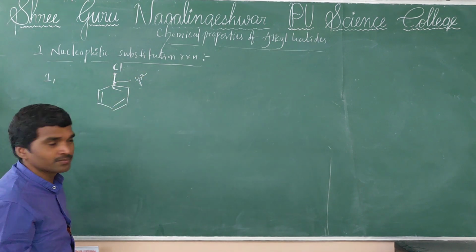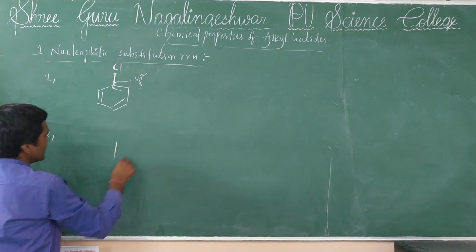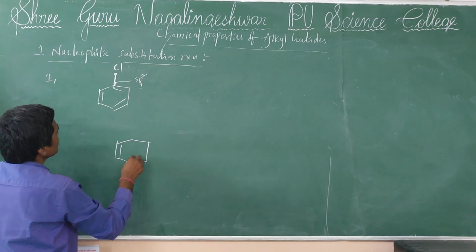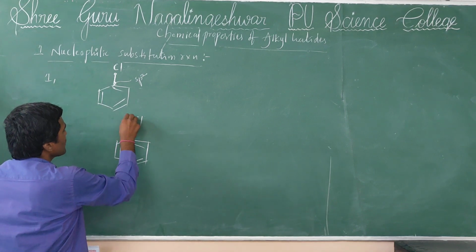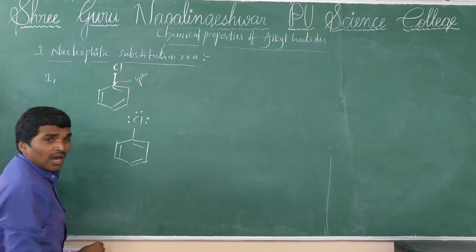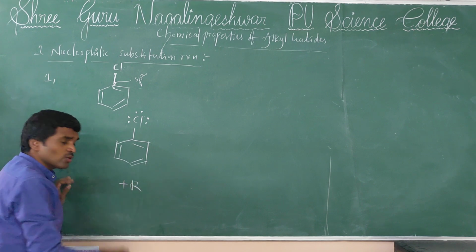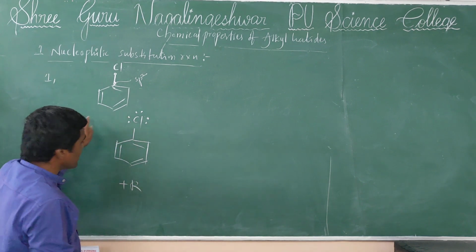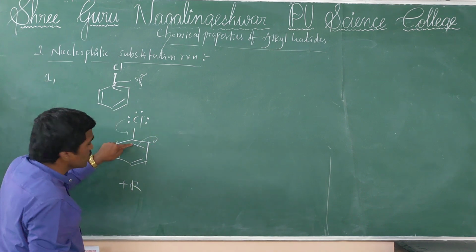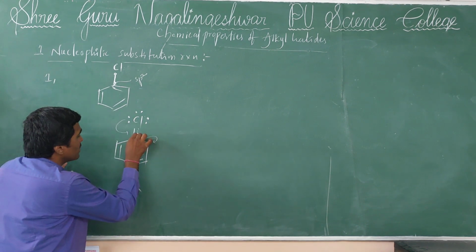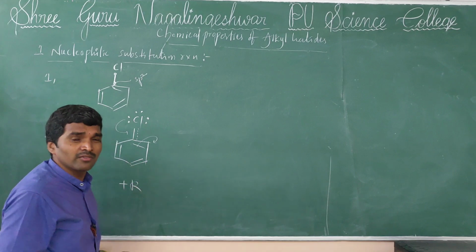The first condition. And the second condition is that you know this chlorobenzene undergoes plus R resonance effect. In the plus R resonance effect, a partial double bond will be formed between chlorine and benzene.